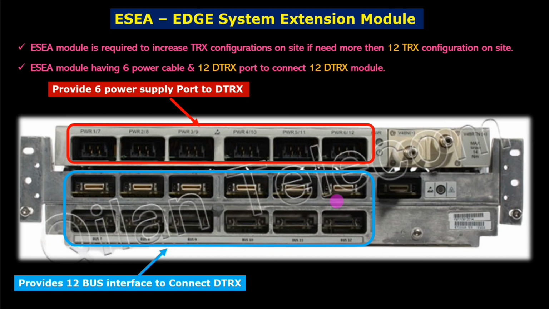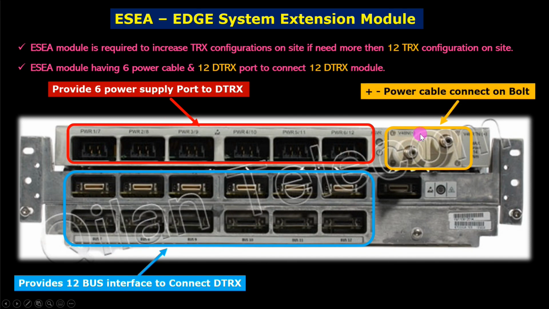So we have 6 power supply ports and 12 bus interfaces, and we also need to give power to the ESA card from a rectifier or DCDB. You need to connect the plus and minus power cables here. Please make sure you first check where to connect the plus cable and the minus cable, and use DC power.